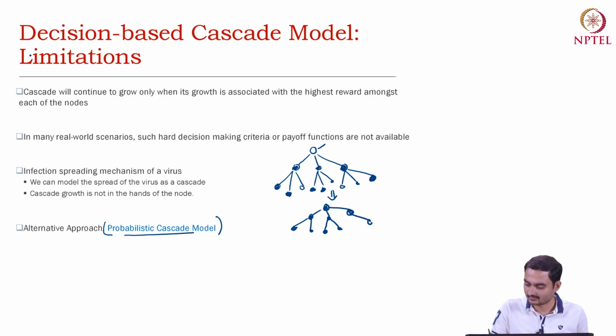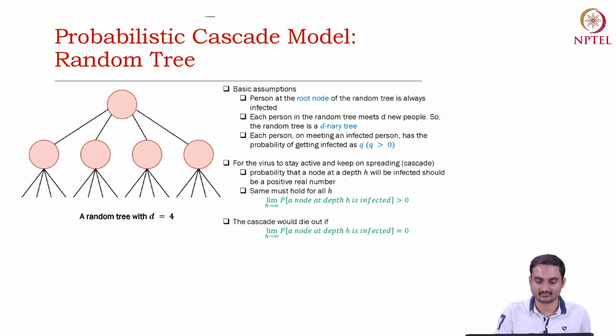Like this. So our task would be to understand whether this kind of spread will go on and on, whether it will stop eventually or not. To understand this, we use a setting which is called a random tree. What is a random tree?